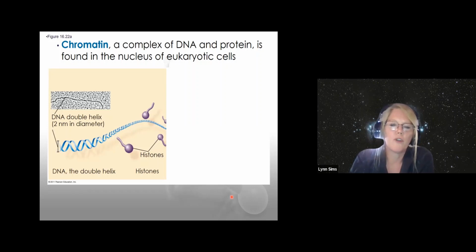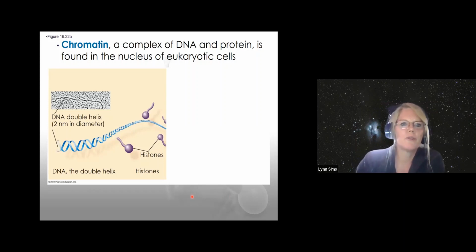And chromatin can be very compact, or it can be kind of loose in some areas. So this shows a transmission electron micrograph, and you can see this is the DNA double helix. Well, the double helix is going to be associated with proteins called histones. Okay, so they're called histones. And there are several different types of histones.